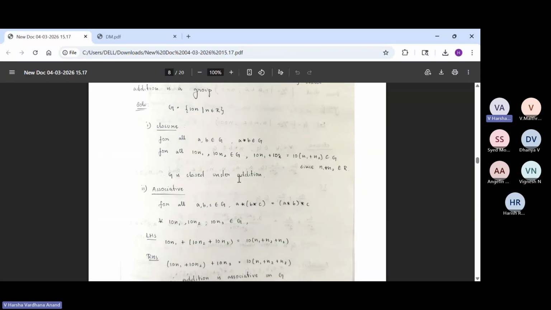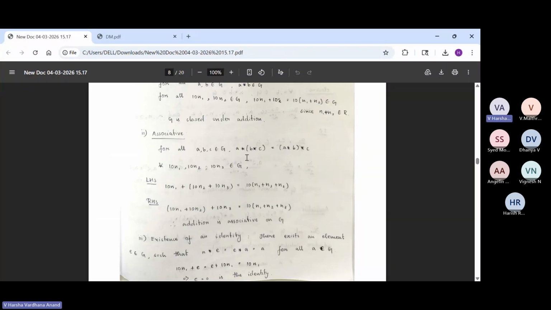So it's closed under addition. And regardless of the order, adding 10n plus 10n plus 10n in either grouping will again give you 30n, again a form of 10n. So associativity is covered here.